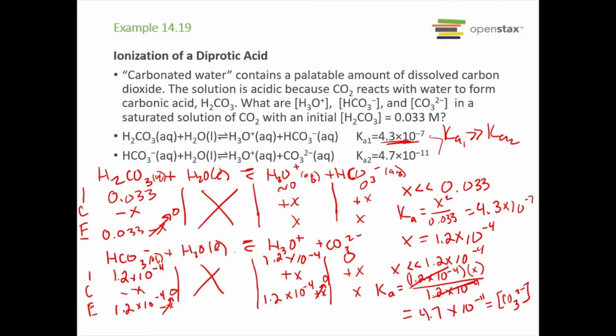So to make a nice big summary here, the concentration of H2CO3 is equal to 0.033. It really isn't changing. H3O plus is equal to 1.2 times 10 to the negative 4th molar.